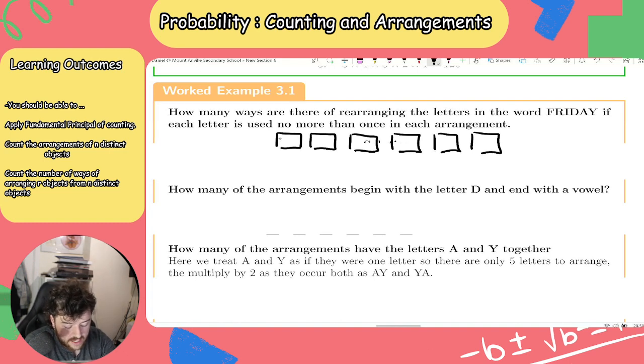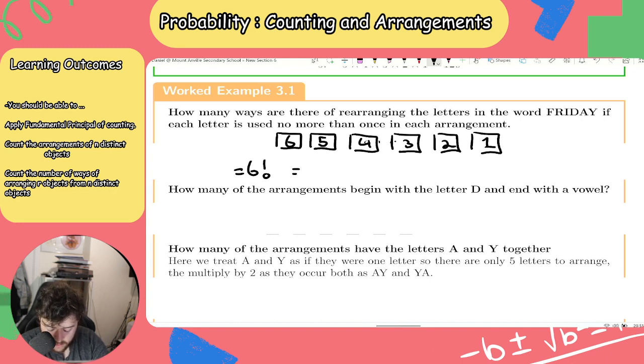In my first space, I'm going to have 6 options, because it could be F, R, I, D, A or Y. But once one of them is chosen, I'm going to have 1 less option. So my second space is going to be 5, then 4, 3, 2, and then finally at the end, every other letter is used, so I'm only going to have 1 option. So that is going to be 6 factorial, which is 720.